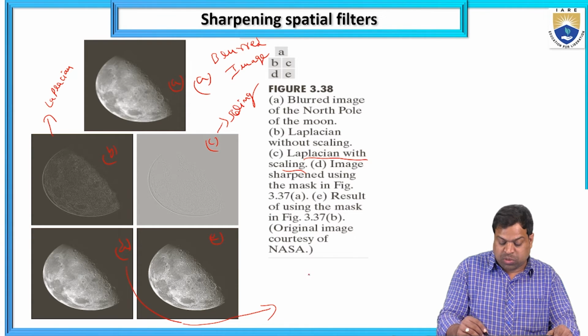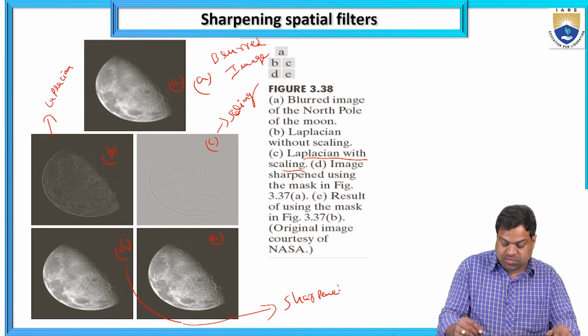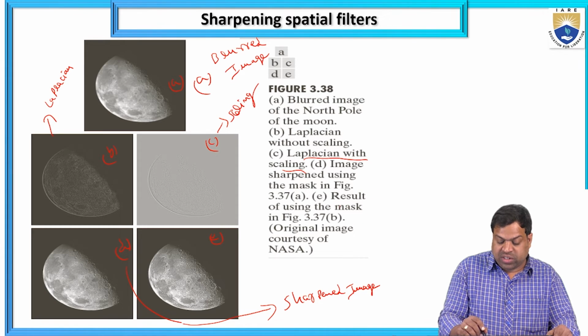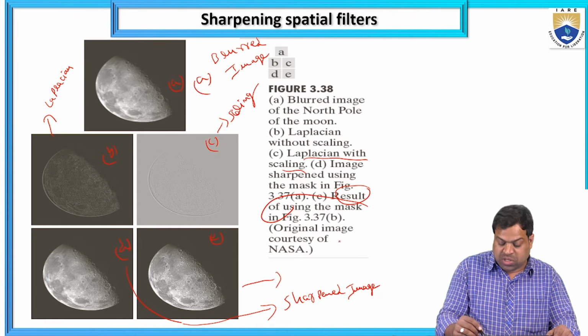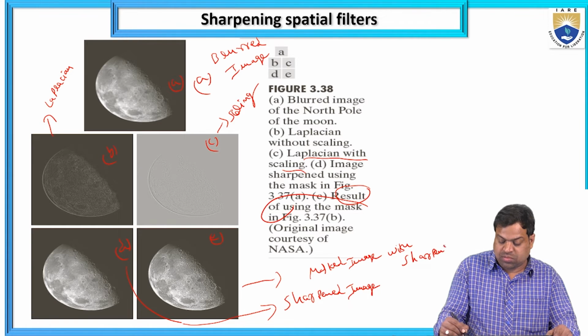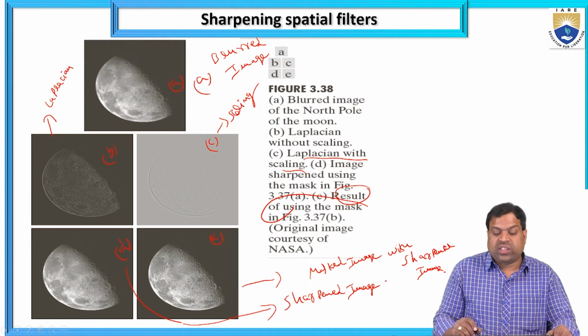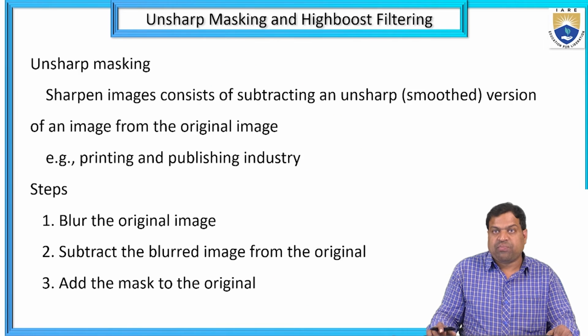D is the sharpened image, and E is the result of this using the mask. So it is one example of a sharpening spatial filter, unsharp masking and high boost filtering.